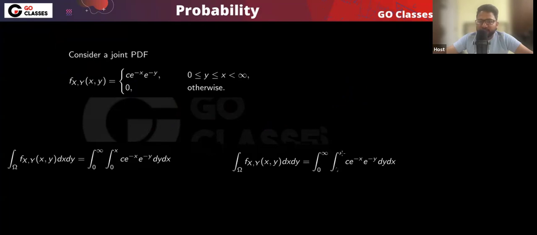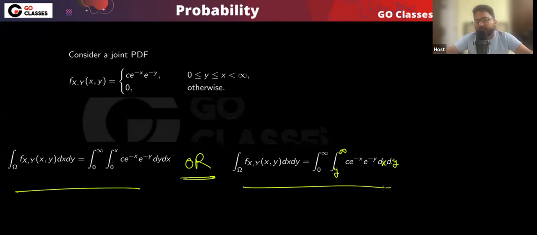You do x first. So x will be from y to infinity, and then y is from 0 to infinity. First you write x, and then you write y. Either this way or this way, both are fine.